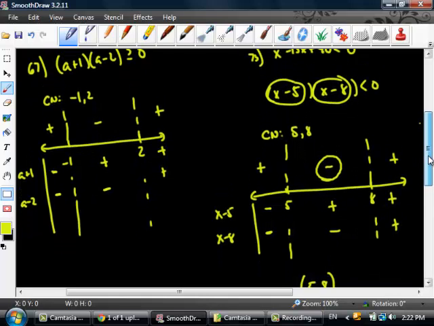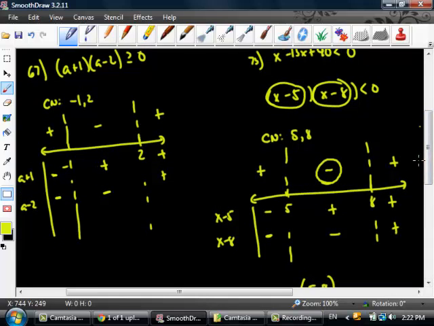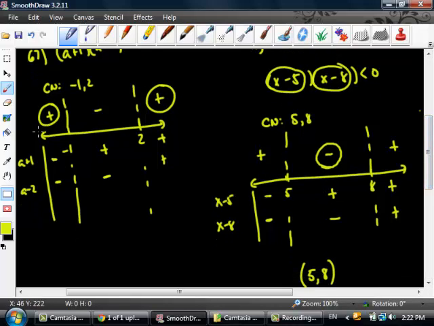Since I'm looking for intervals that are greater than or equal to 0, which intervals am I looking for? Let's see. Alyssa, which ones am I looking for here? The positive ones. So the way this is written is my positive interval starts at negative infinity and it ends at -1.